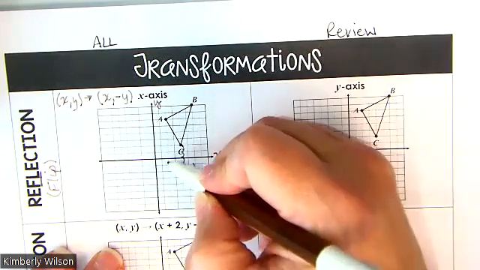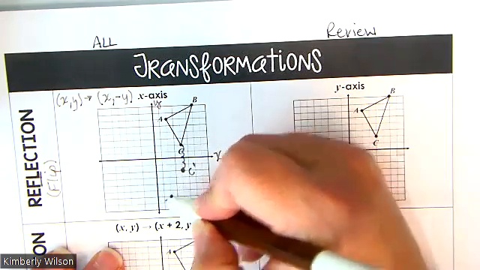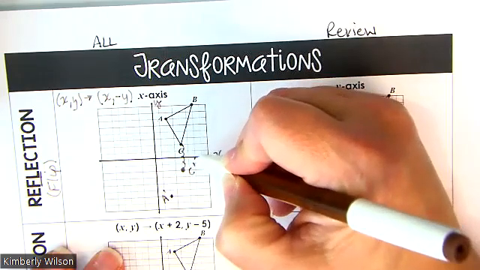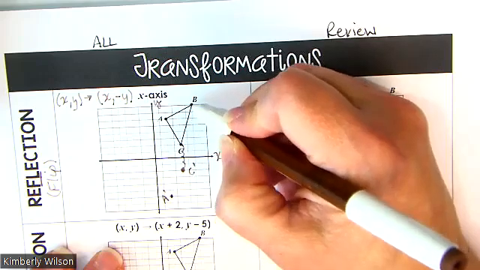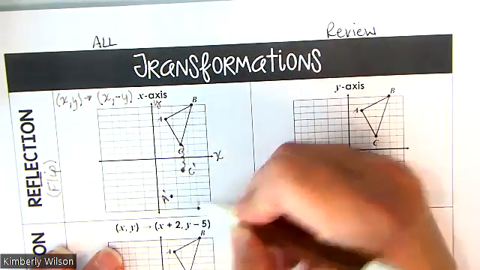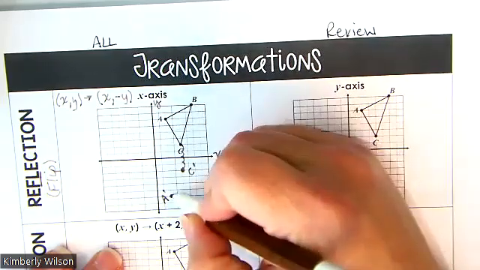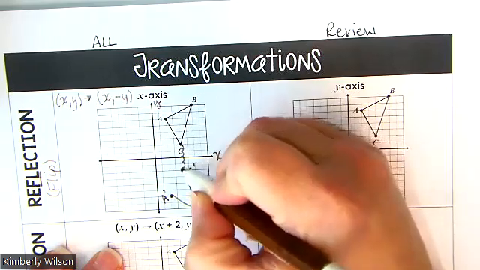So it's going to be at negative 6: 1, 2, 3, 4, 5, negative 6. There's A prime. B is at 1, 2, 3, 4, 5, 6, 7, 8. So it's going to be at 8 down here, in the same X spot. And we connect the dots.